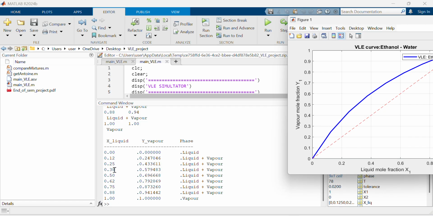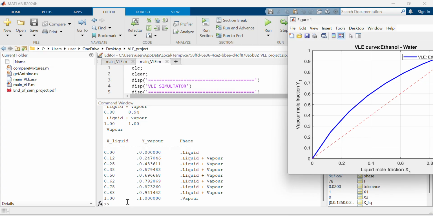Now, all this can be done for the individual composition. Let's assume it contains 50% of our component A. Again, our component A is ethanol. Then, our vapor will contain about 70% of ethanol and still exist as liquid and vapor state. Good.